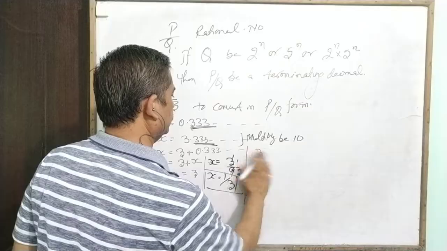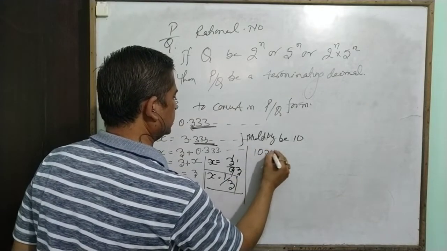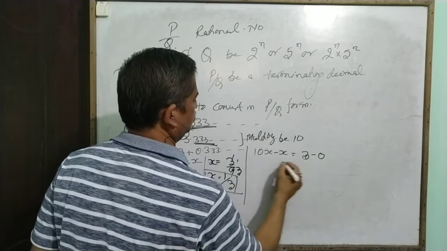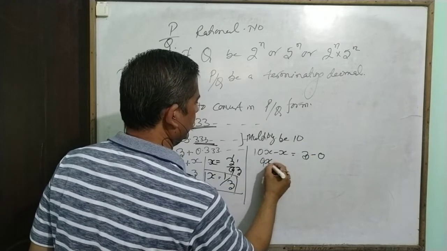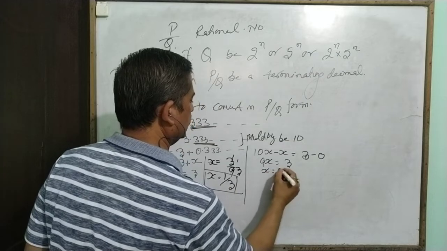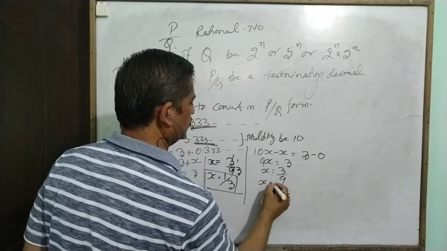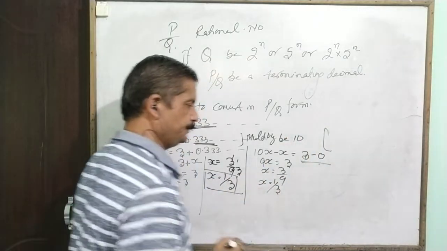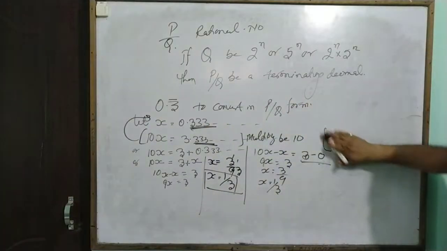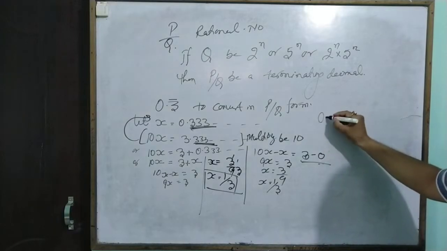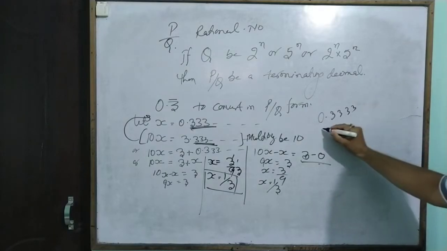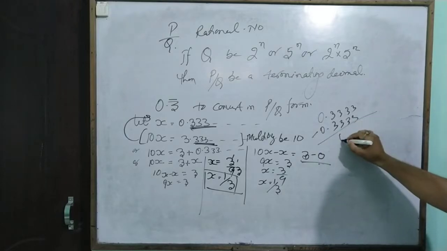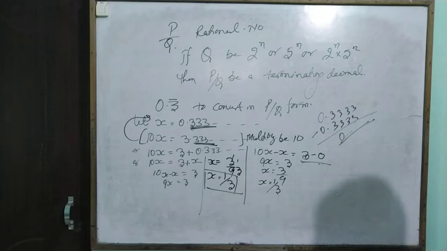So 10x minus x equals 3 minus 0. So 9x is equal to 3, x is equal to 3 by 9, or x is equal to 1 by 3. Why do we write this? Because 0.3333 minus 0.333 always gives 0.